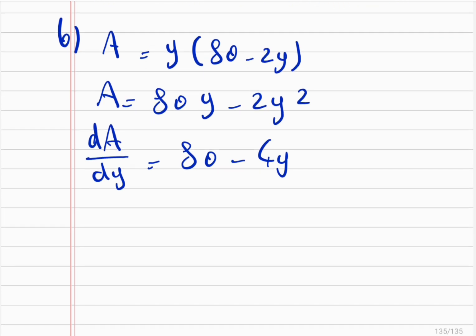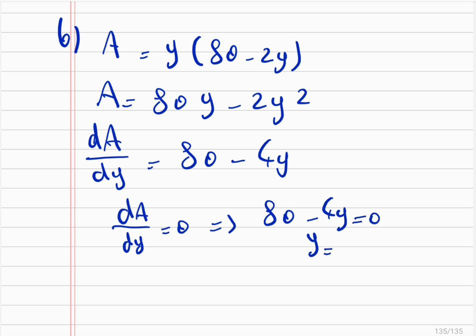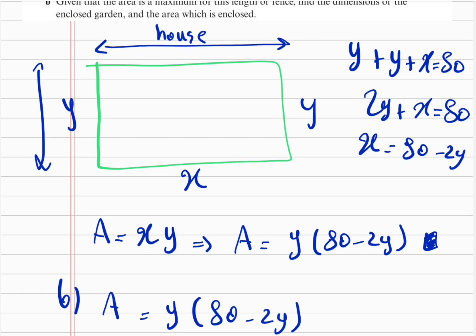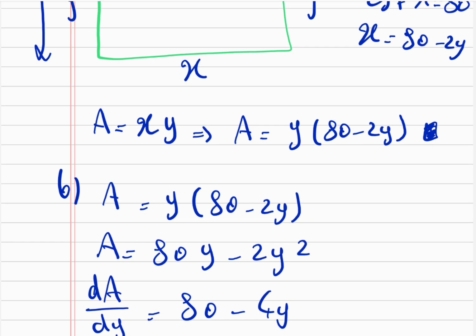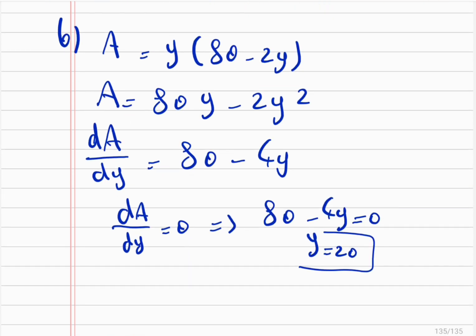So we need to solve this maximization problem, which is basically dA by dy equals 0. So 80 minus 4y is equal to 0, and that gives us y equals 20. So this 20 is the length of this part of the rectangle, and this will help us to find a maximum area, because this is the maximum point in this case.